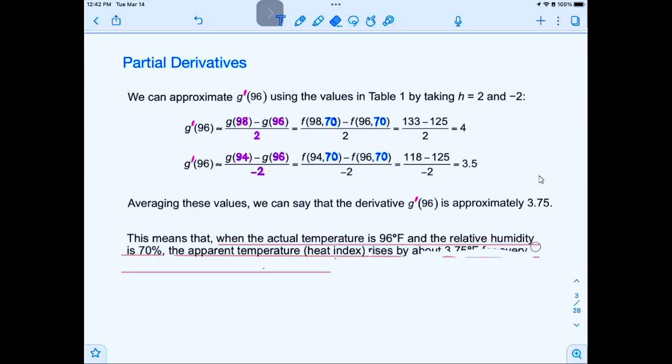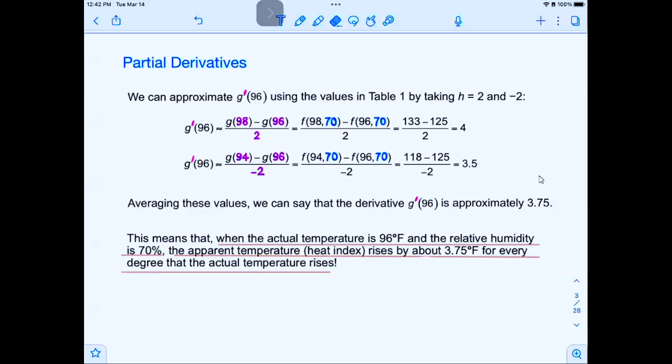Down here is degree, right? It's a degree. For every degree that the actual temperature rises, the heat index is going to rise that way.